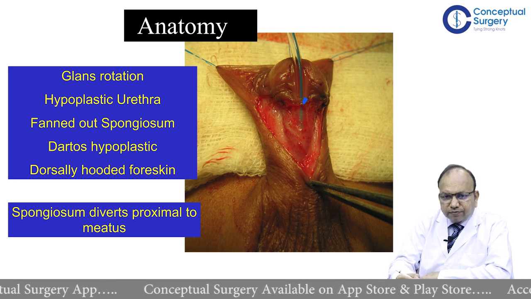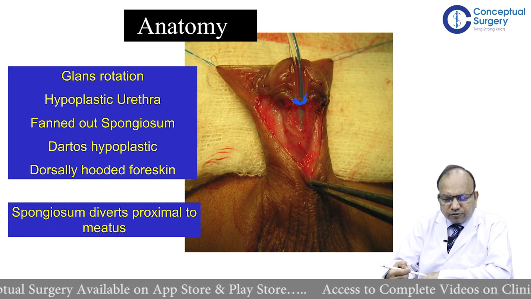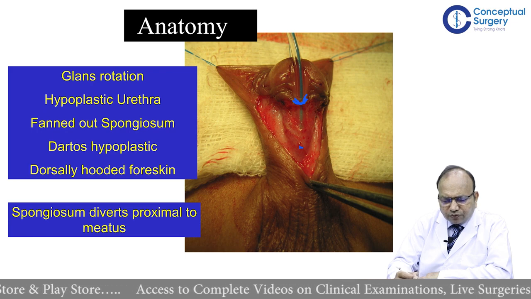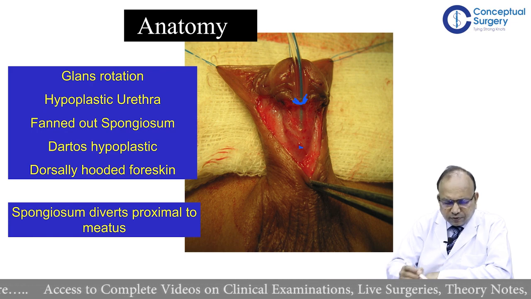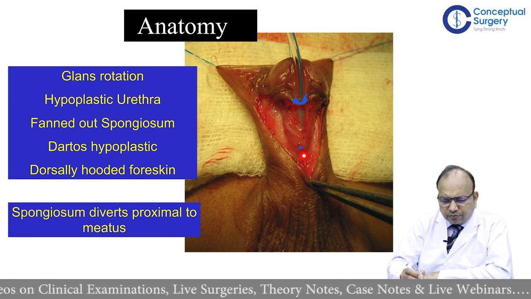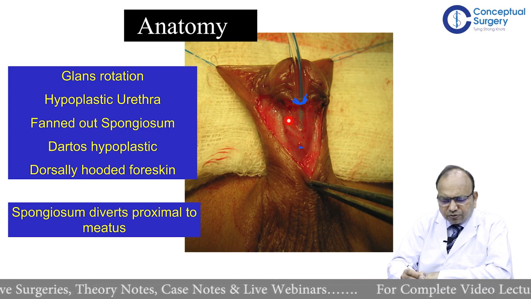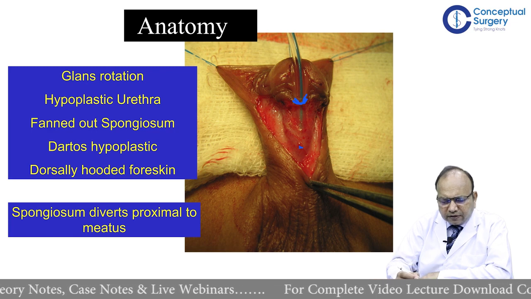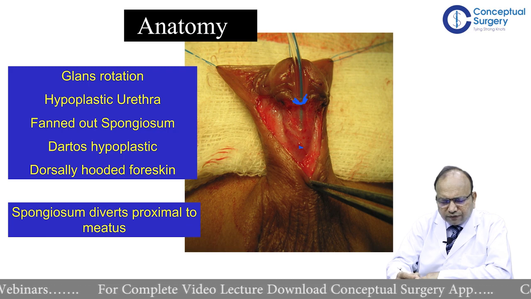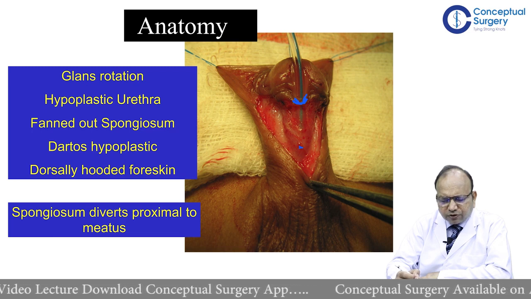This is the meatus, the blue mark that I have put, and this is the point where the corpus spongiosum, if you can see the corpus spongiosum, is complete here, but from this point onwards it is deviated on these two sides. And in the center is very thin epithelium through which you can see this feeding tube. This feeding tube is going through the urethral meatus and you can see a portion of the feeding tube.